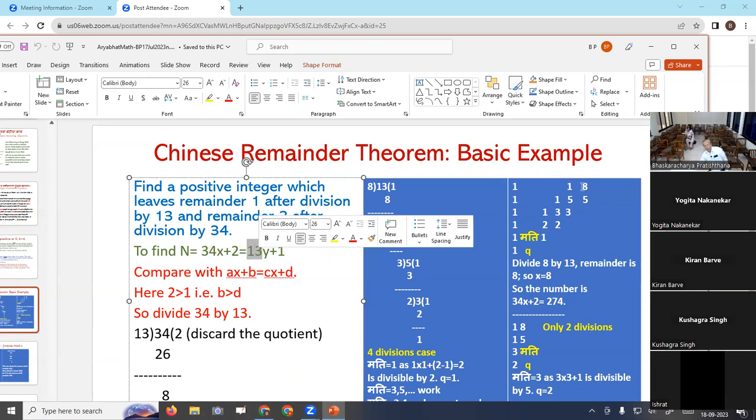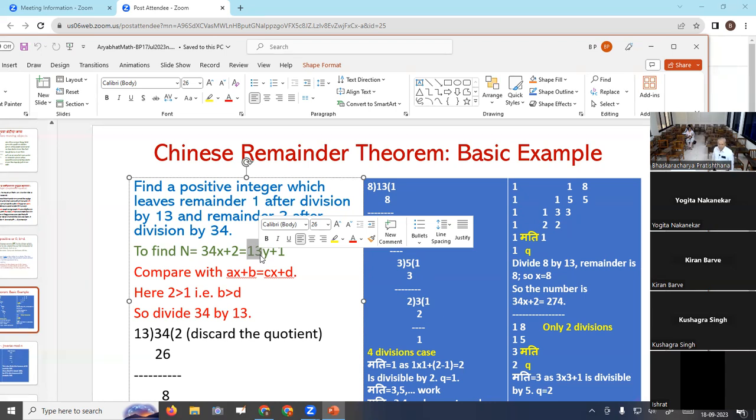But our number 8 is already smaller than 13, so you don't have to divide. But suppose instead of 8, you had obtained 21. Then you would divide by 13 and get the remainder 8. So the idea is to get a small solution x, and this is how you get the small solution mentioned by Aryabhata.